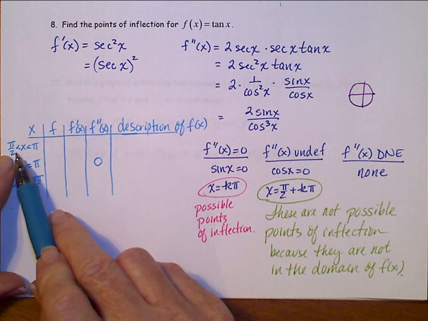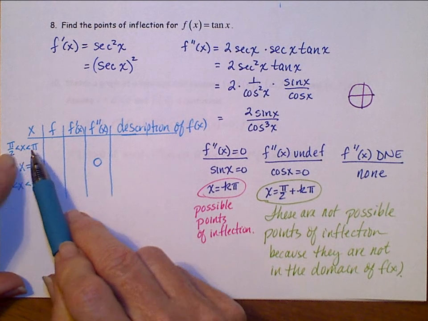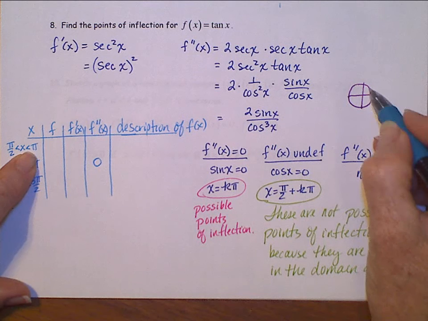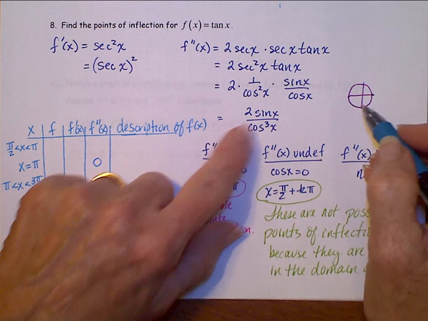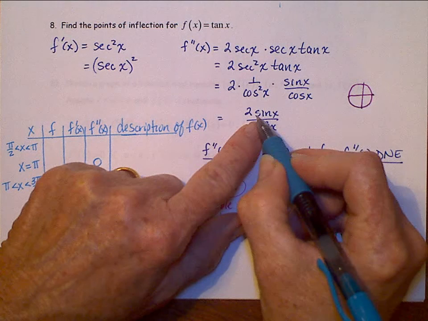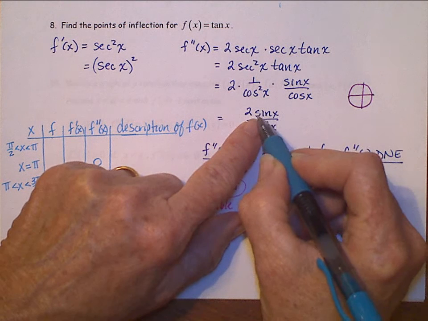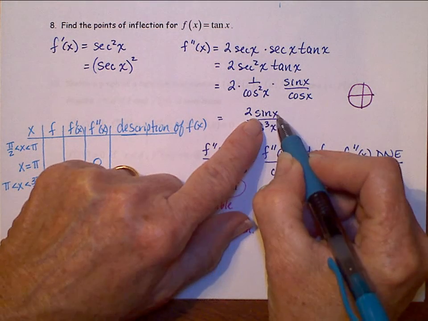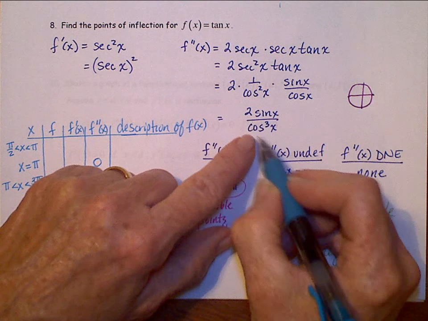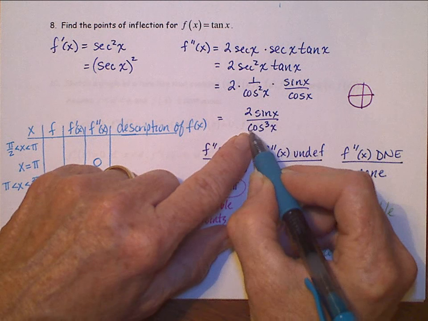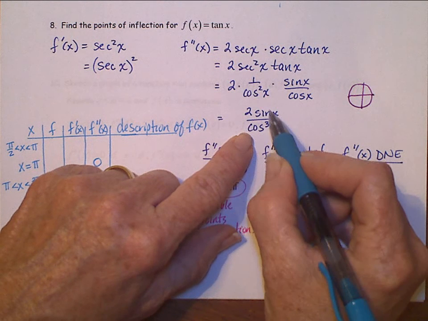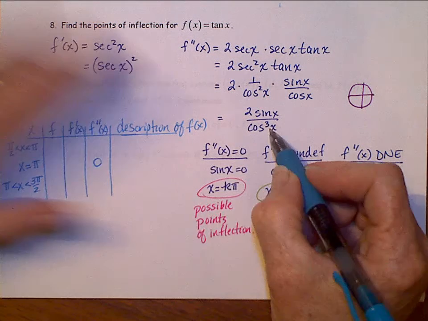If we have a value between pi over 2 and pi, that's in the second quadrant. In the second quadrant, is sine positive or negative? In the second quadrant, sine is positive. In the second quadrant, cosine is negative. Cubed is negative. So we have a positive divided by a negative. Overall is negative.